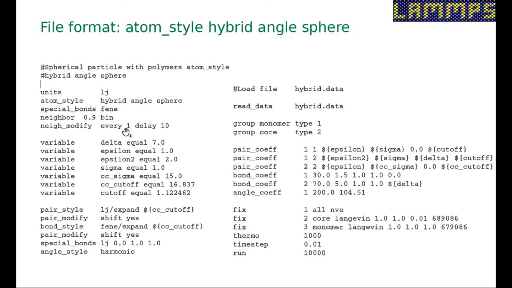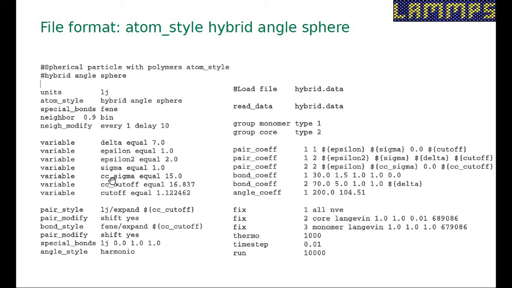This section is referred to as the neighbor list. Then we define certain variables necessary for the potentials. So we have one central particle, and here we have the diameter of the particle.